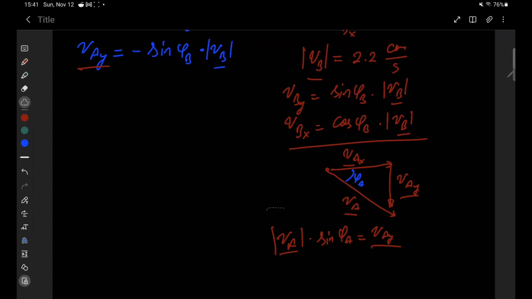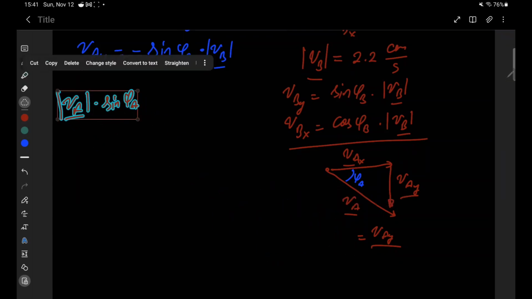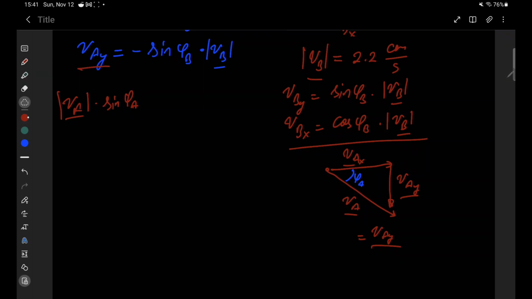I'll just steal it. Now we can divide by this sine. And we get the value of VA.